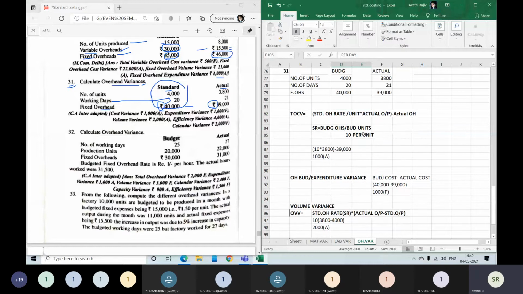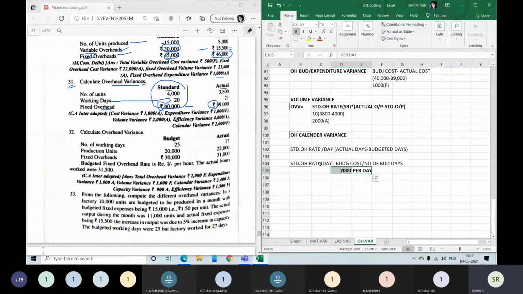Per unit is what they asked for standard overhead rate per unit, while this is standard overhead rate per day. This is calendar variance. What are we basically checking here? I'll just substitute it and then I'll tell you. Standard overhead rate per day, that is 2,000 into actual number of days, which is different now. It is 21 minus your budgeted days.